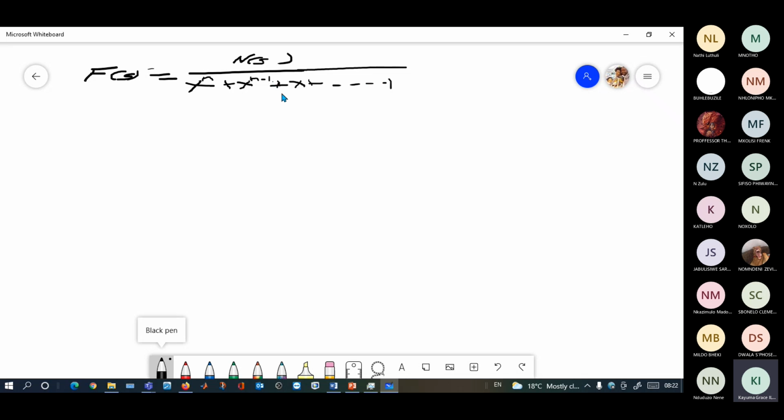And once we have those factors, we will be able to create our partial fraction. And after creating the partial fraction with the poles, we're going to be able to solve the partial fraction. So let's see what we can do here.